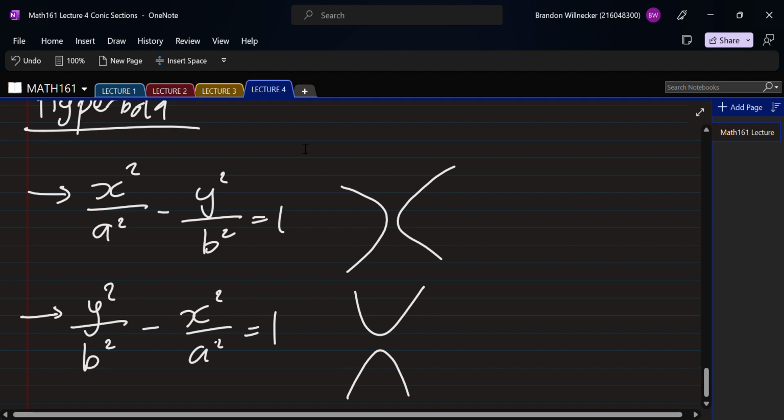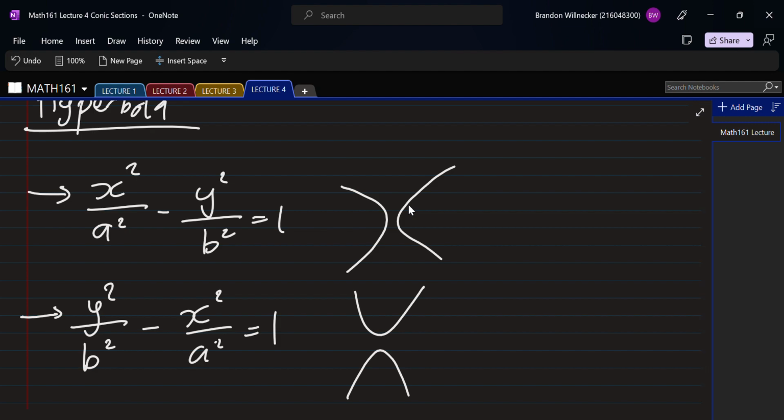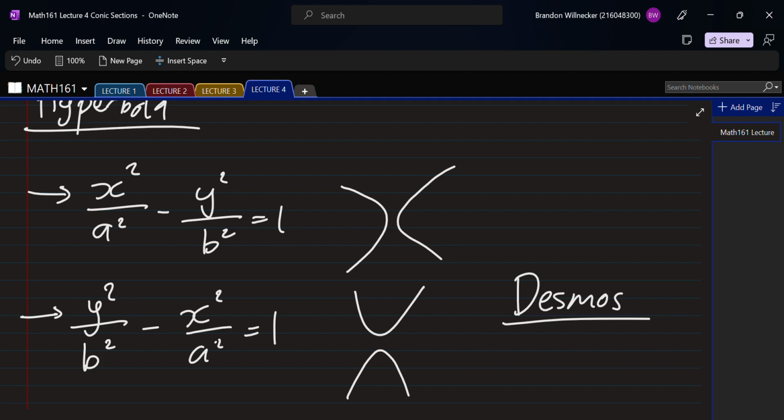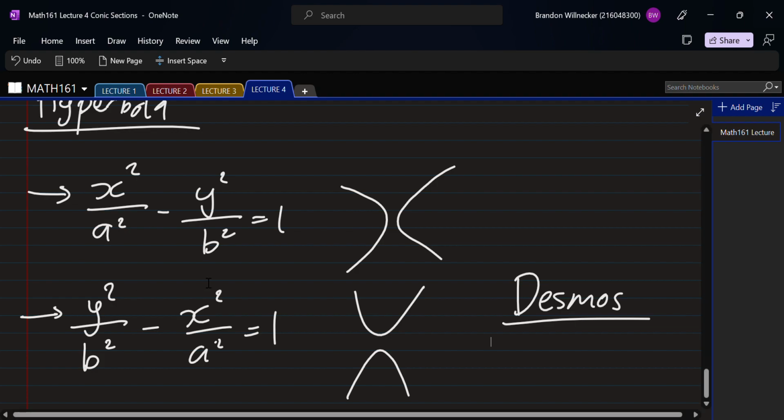Sketching these is not so bad. We will have a look at that later. But for now, if you want to get an idea of what these look like, if you're doing the tutorials and you're unsure of what you're working with, please have a look at the website Desmos. It's a free online website that you can use to plot these graphs.